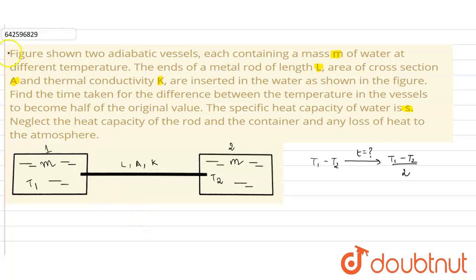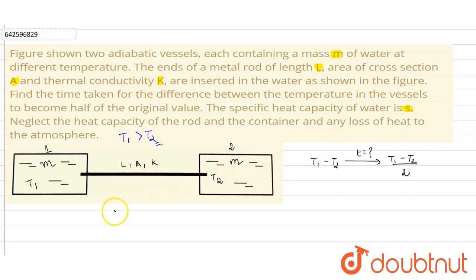Now the vessels are adiabatic and there is no loss of heat to the atmosphere, so we assume that T1 is greater than T2. The heat lost by the water in container 1 will be transmitted by the rod, and that much heat will be gained by the water in container 2.